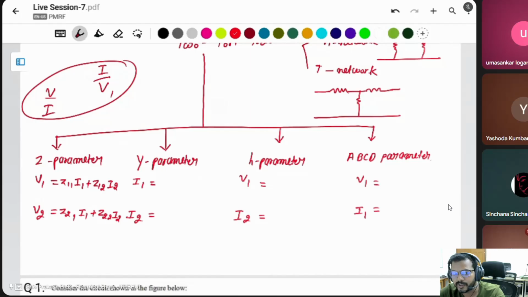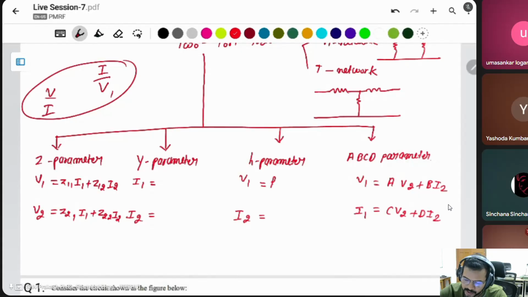The V1 and I1 are modeled as A V2 plus B I2, and on the secondary side, C V2 plus D I2. The H parameter is a hybrid, which means a mix of both V1 and I2.